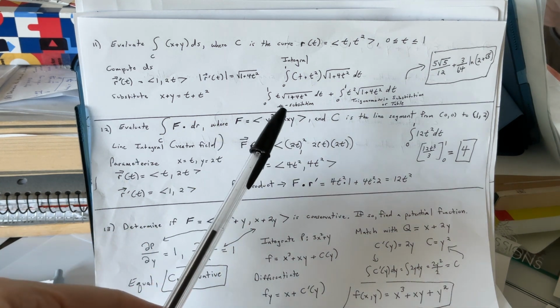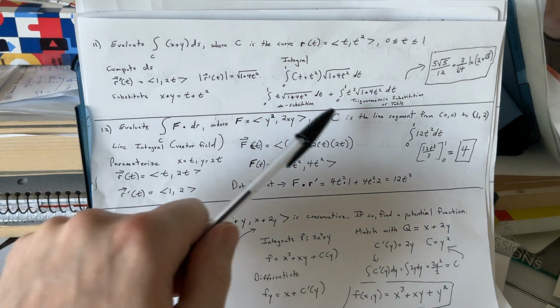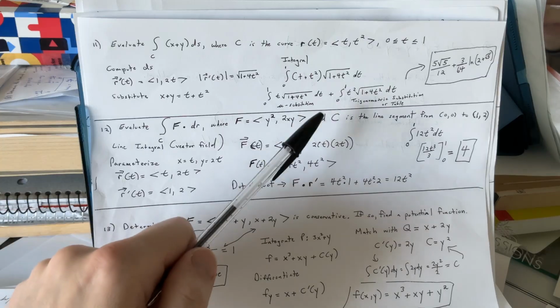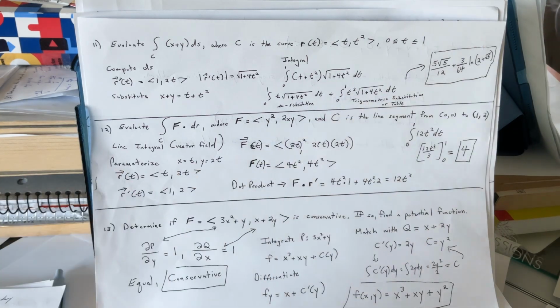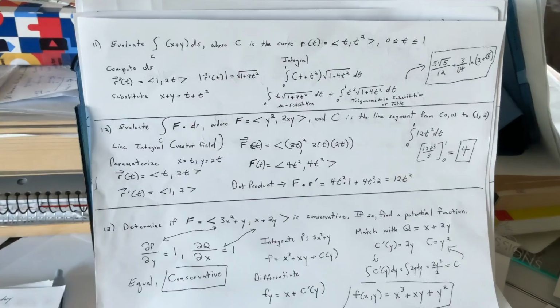You could do the first via u substitution, and the second via a table or trigonometric substitution, which you see in calculus 2. You wind up with 5 root 5 over 12 plus 3/64 times the natural log of 2 plus root 5.